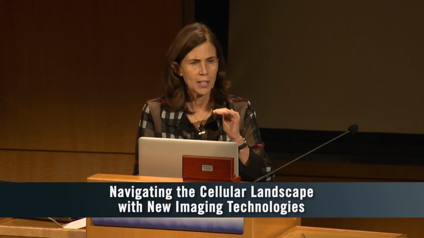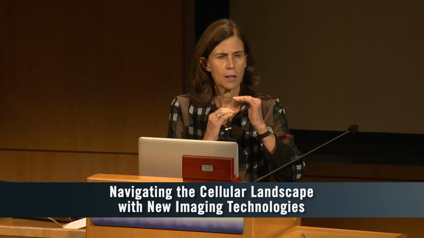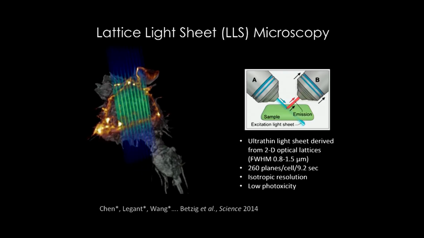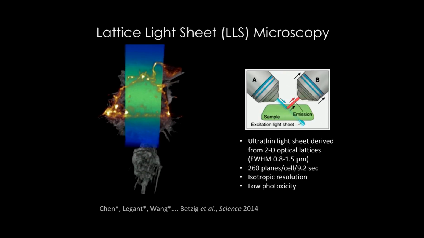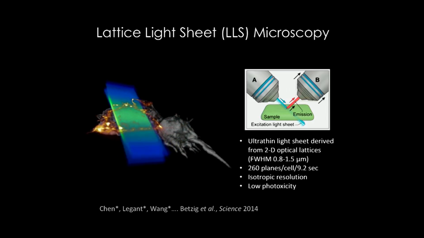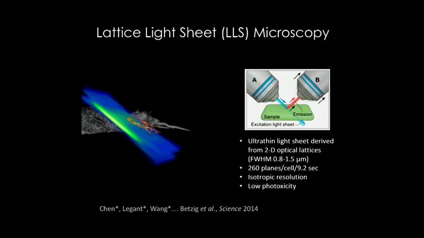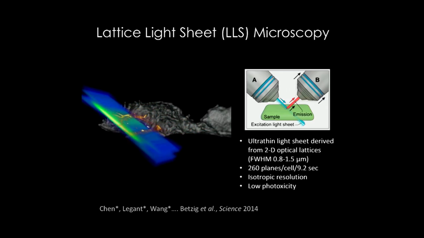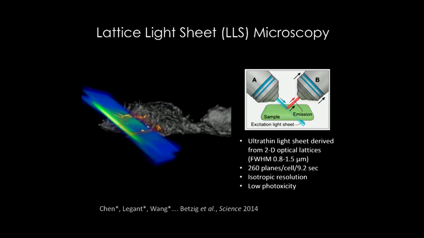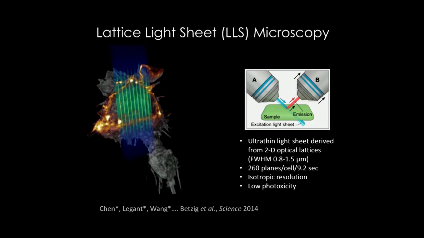Now, in order for us to get high resolution protein as well as lipid distribution to understand the fine architecture in a three-dimensional section of a cell, we've applied lattice light sheet microscopy developed by Eric Betzig and colleagues, where essentially you take ultra-thin Bessel beams to create a thin 2D optical lattice, which is then used as a sheet to pass through your cell of interest.